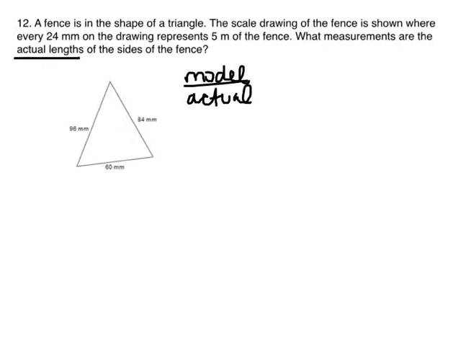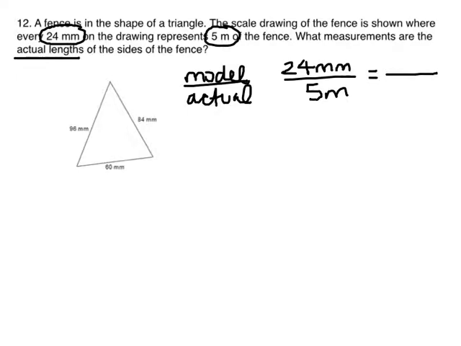And it gives us that 24 millimeters equals 5 meters. So 24 millimeters to 5 meters, and that's going to equal the model over actual.